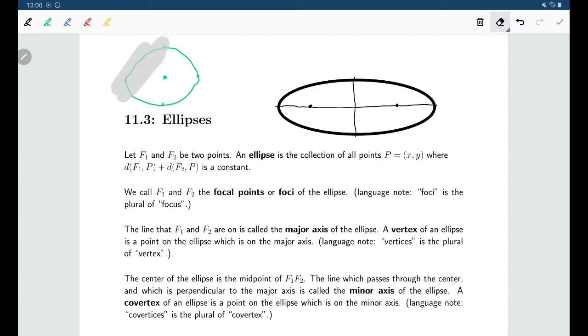We'll do a similar sort of thing with an ellipse. Along the major axis, you have the two endpoints, which we call the two vertices of the ellipse. And in the shorter direction, along the minor axis, the endpoints of those we call the covertices. So we have two vertices, we have two covertices, and then, as before, right in the middle, we have the center of our ellipse.